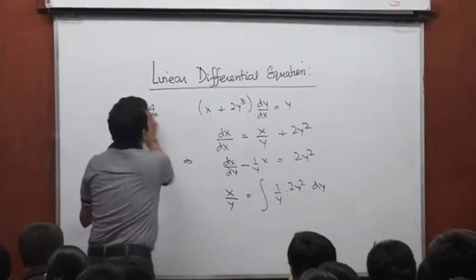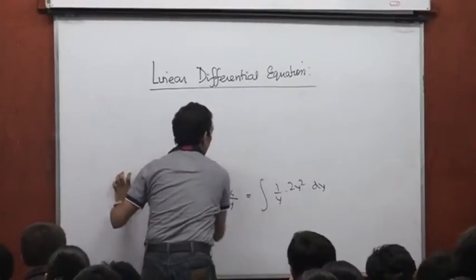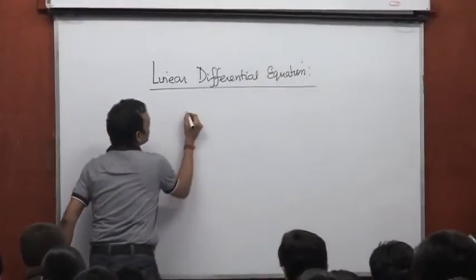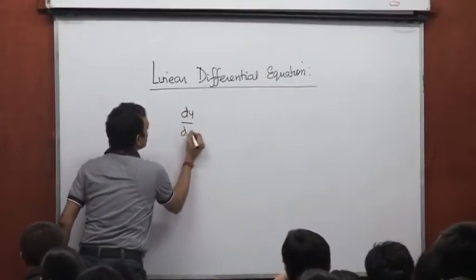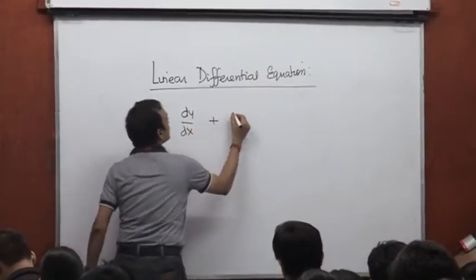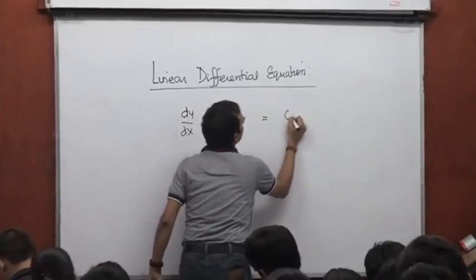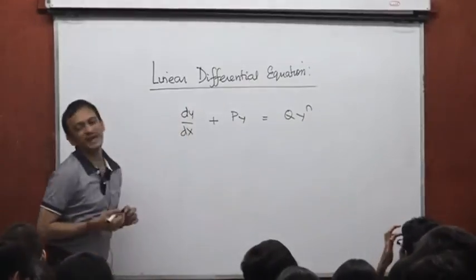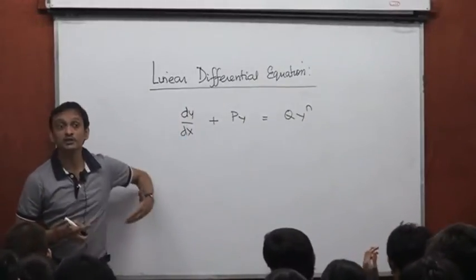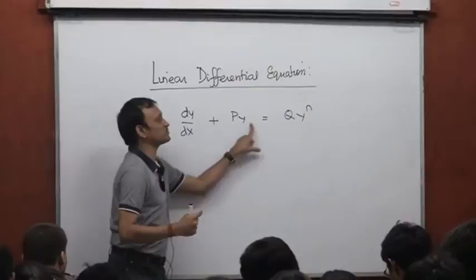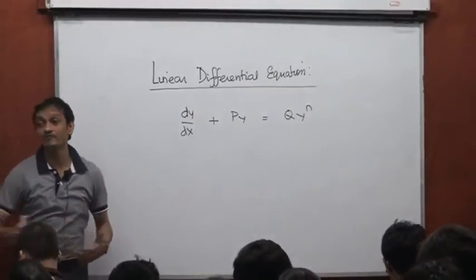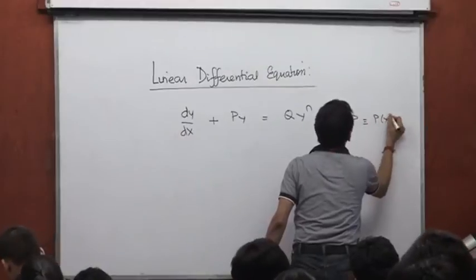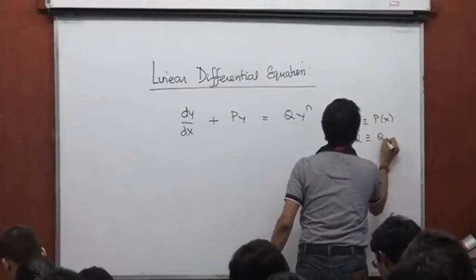For example, a differential equation of the following kind: dy dx plus py is q into y to power n, where p and q are functions of x.